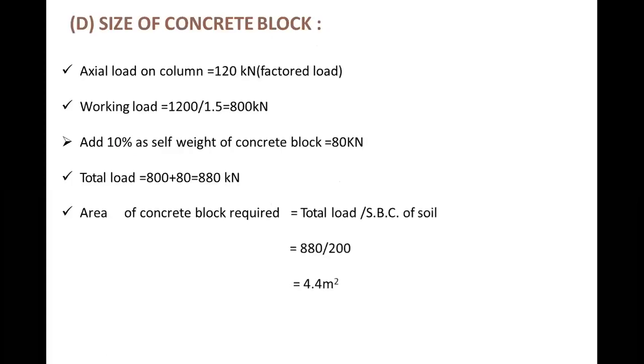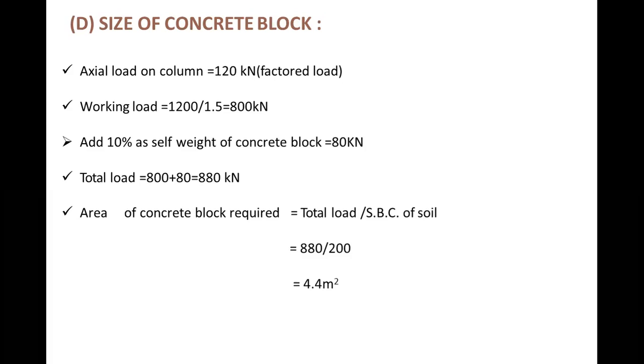Now next is the size of concrete block, right? So axial load on column, which is 120 kilonewton. Working load is equal to, here 1200 kilonewton load is given, right? But we consider it as a working load, then it is divided by 1.5.